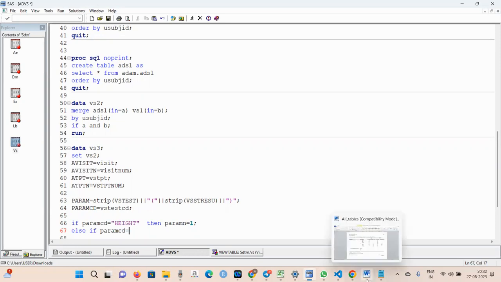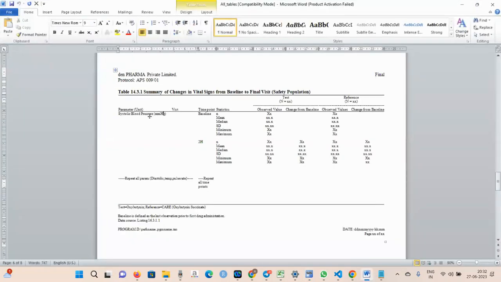Or you can check the mock shells also. For example, in the mock shell, systolic blood pressure should be 1 if it is the first in the table, and the diastolic would be 2, temp would be 3, pulse rate would be 4. Okay, like that you have to do it.